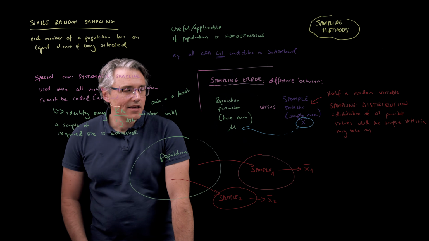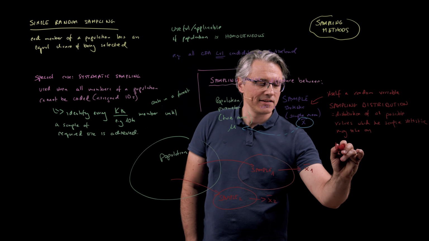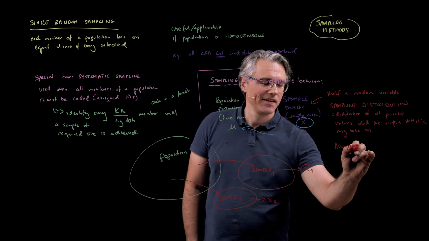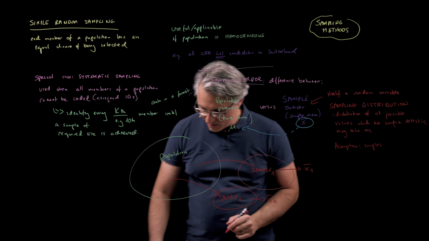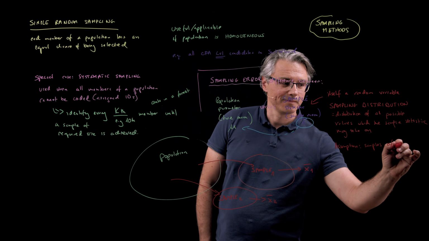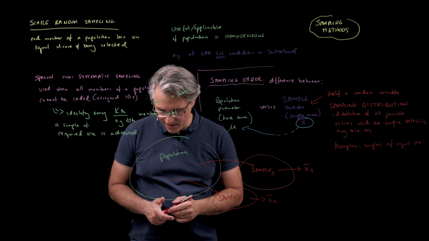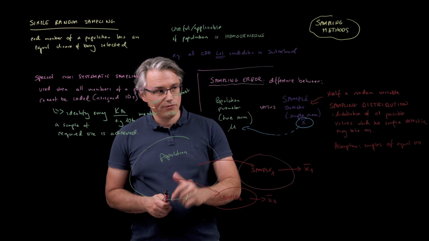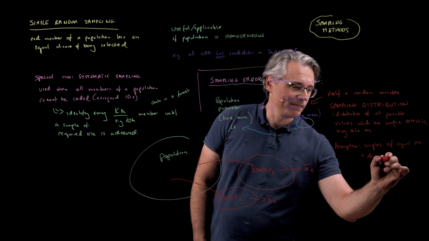The assumption here, and I'm going to repeat that assumption in the next video as well, is that the samples we're talking about would be of equal size, typically denoted as n, and drawn from the same population.